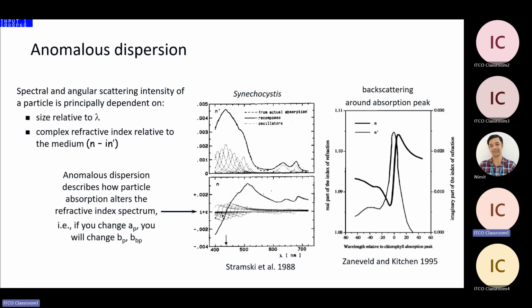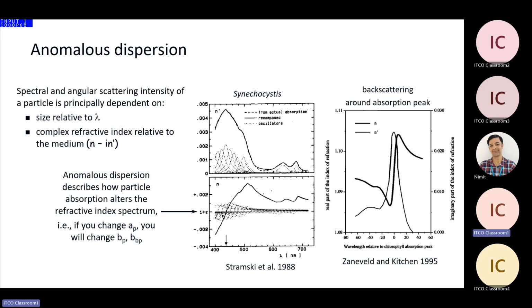Another thing is anomalous dispersion. I don't know if Darius talked about this or not, but the key point here is that where you have absorption peaks, particularly with phytoplankton, the absorption affects the scattering.